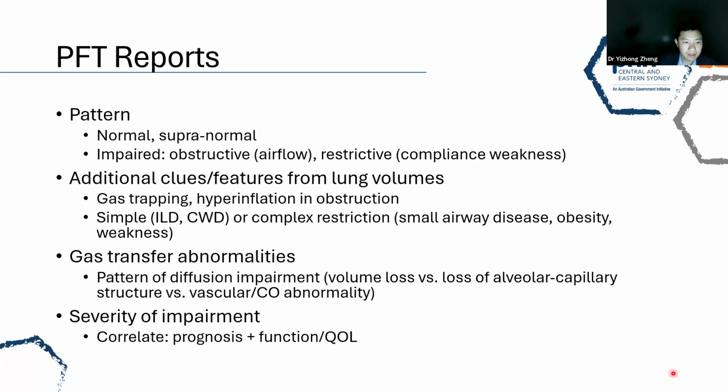Or in cases of restrictive physiology, is it simple or complex? Simple meaning a chest wall or interstitial lung disease, complex whether they've got concurrent small airways disease, such as sarcoid or hypersensitivity, or they've got concurrent asthma or COPD along with a restrictive disorder.